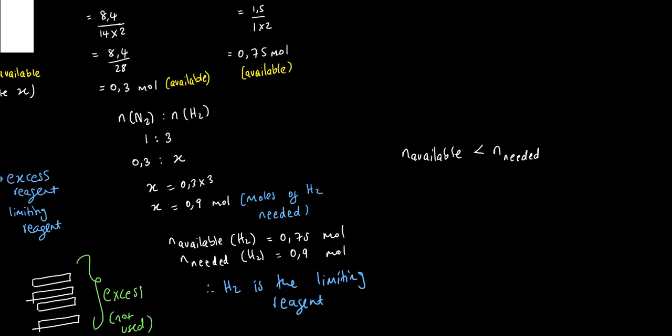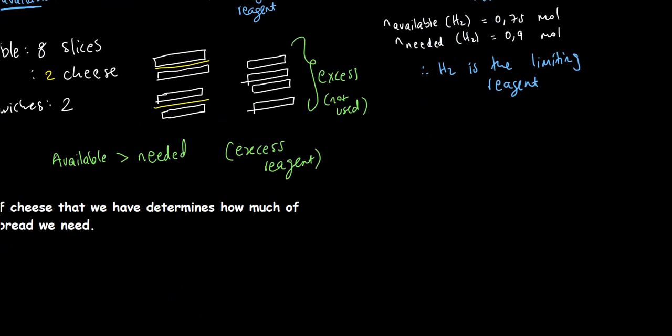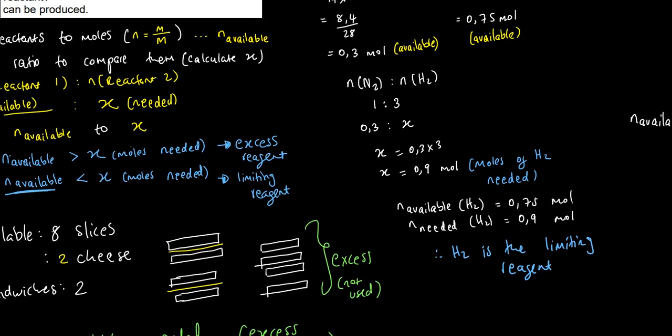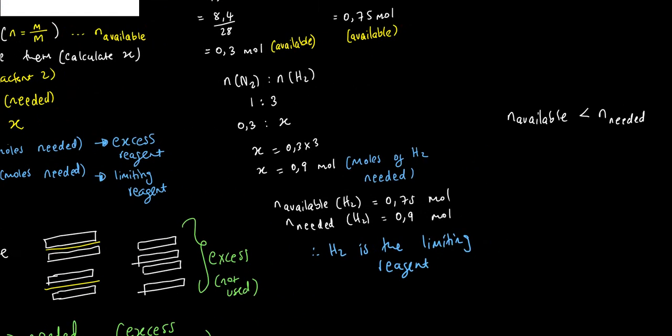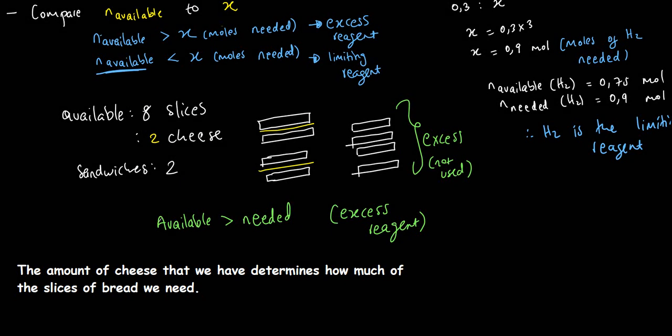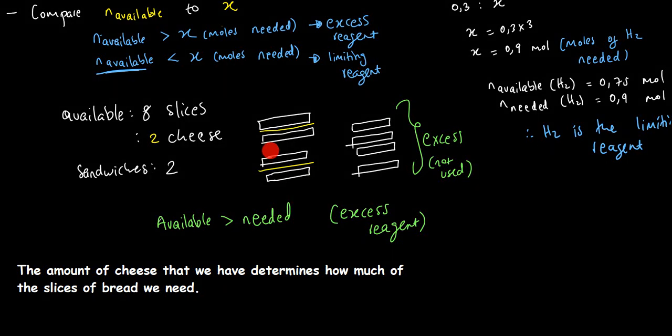Another way of thinking, or rather understanding that, ne? We are saying we have less than what we need. It runs out first, because it's in less quantity, right?